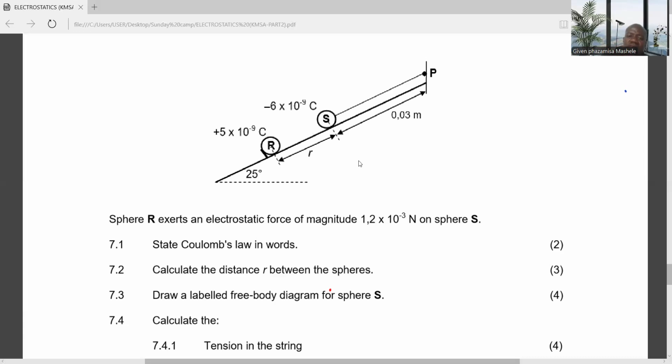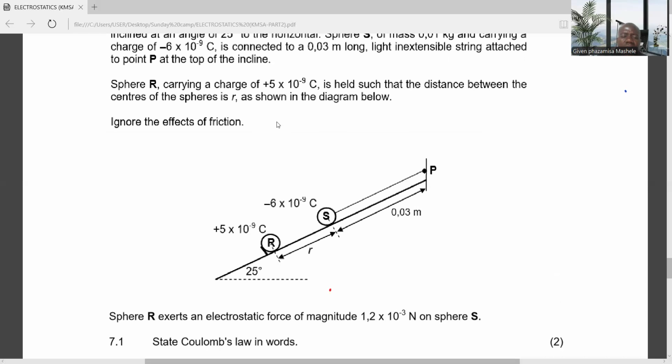Yes, it's 0.02. We want to calculate the net electric field at point P due to charge R and the other one, charge S. So we want to calculate the E net at this point due to charges S and R.